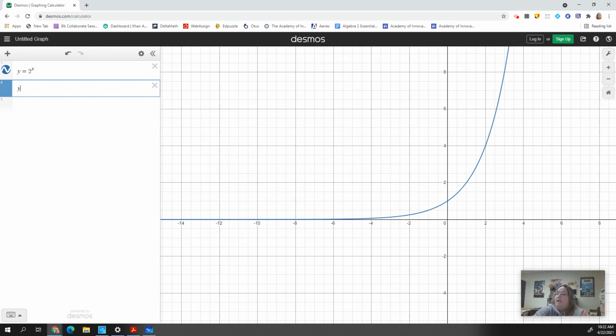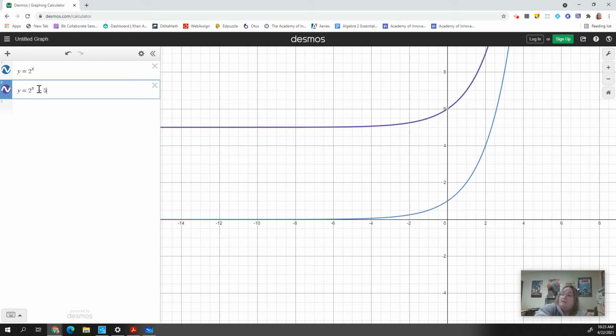Let's do y equals 2 to the x plus 5 this way. Let's go minus 5.